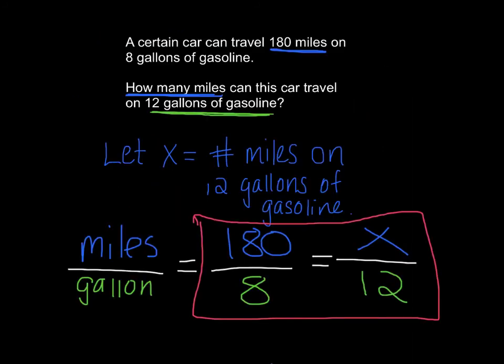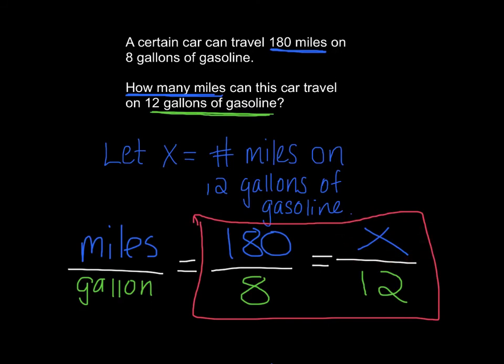To just quickly recap how we went about solving this word problem, we were told that a car could travel 180 miles on 8 gallons of gasoline. So I used that information to set up the left side of my proportion. I decided to write miles over gallons of gasoline. And then the question was asking me how many miles. So x, this was my unknown value, the number of miles.